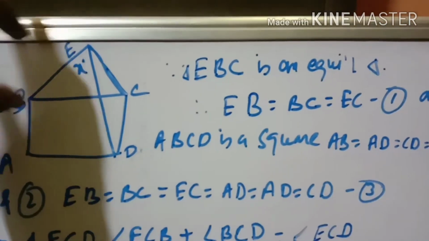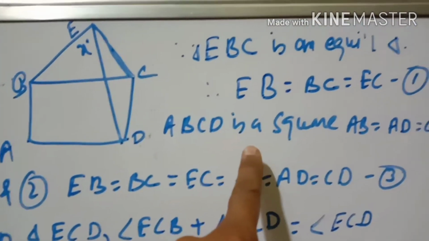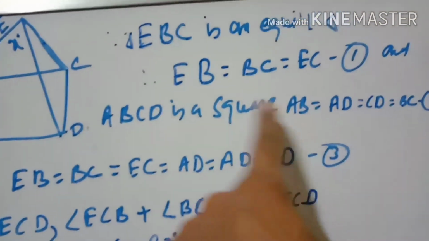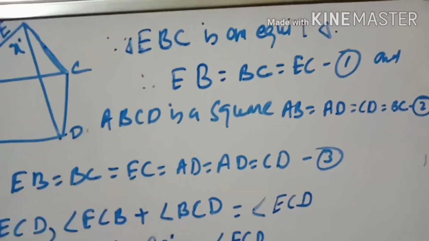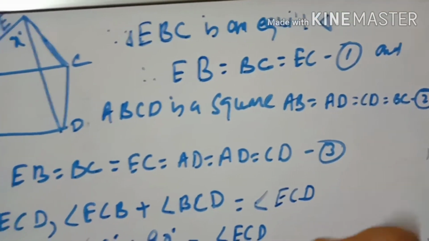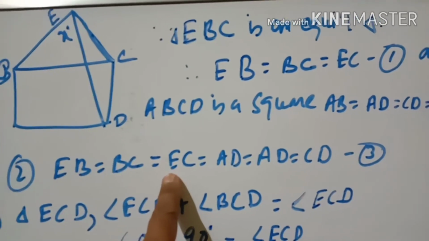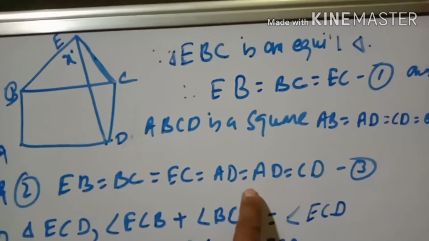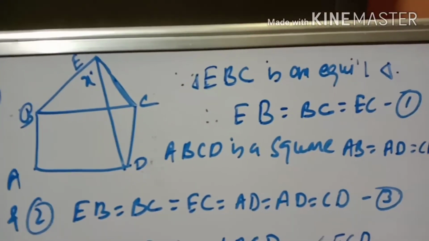Therefore, EB equals BC equals EC. Let it be equation number 1. ABCD is a square. Therefore, AB equals AD equals CD equals BC. Let it be equation number 2. From 1 and 2, I can write EB equals BC equals EC equals AD.